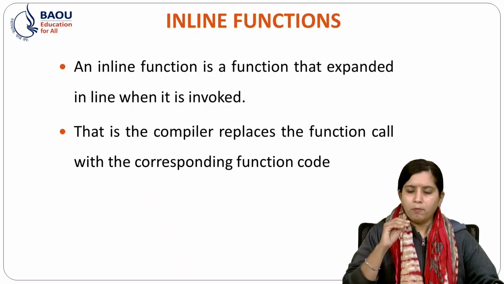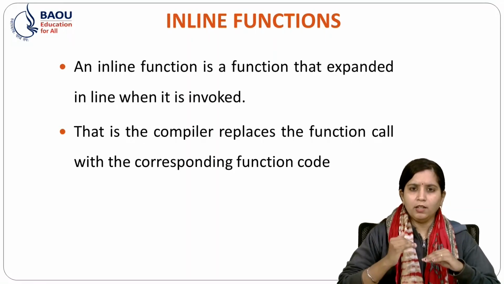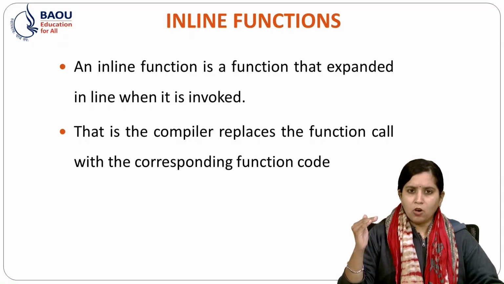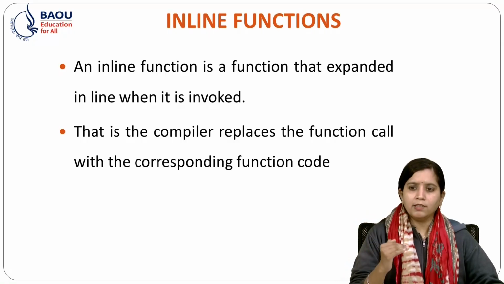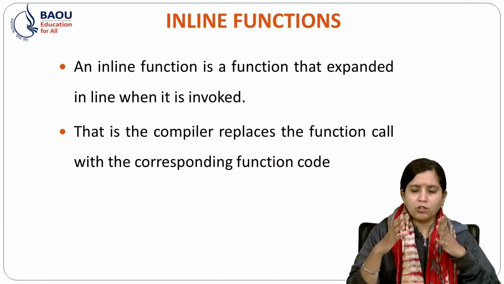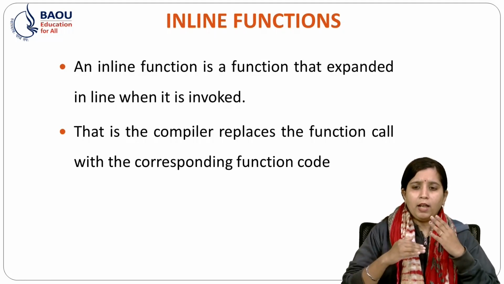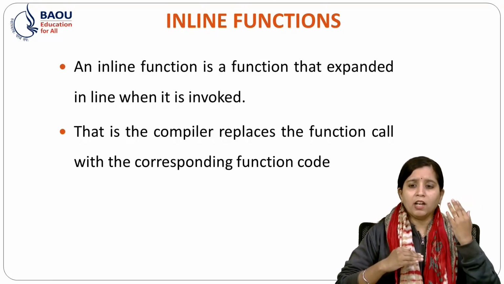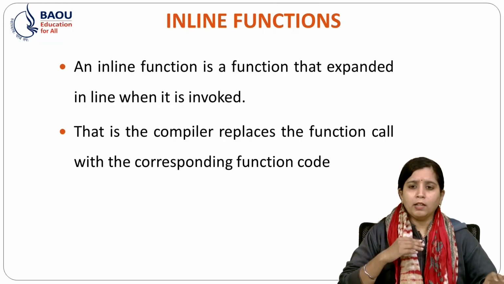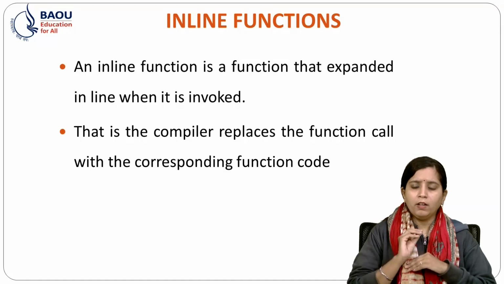However, it is important to note that the compiler is free to ignore the inline keyword if the function is too complex or the compiler determines the complexity of the function is large. For example, if I have any loop or any cases or any conditional statements, then the compiler will ignore our inline keyword in our program.